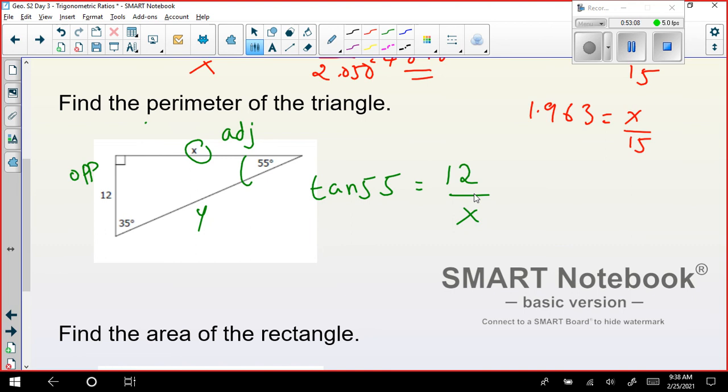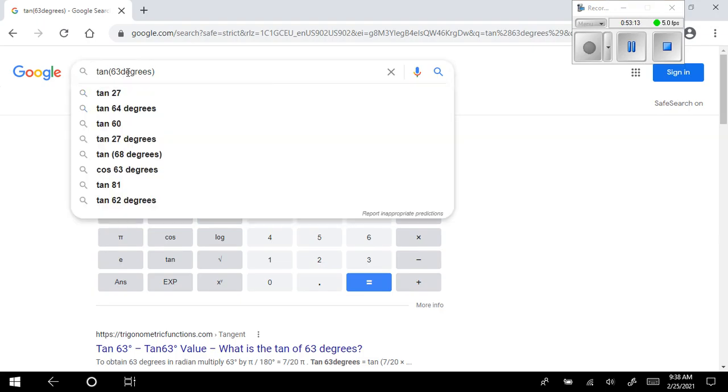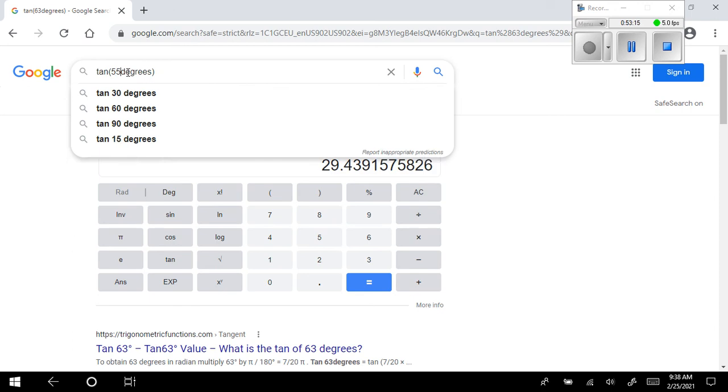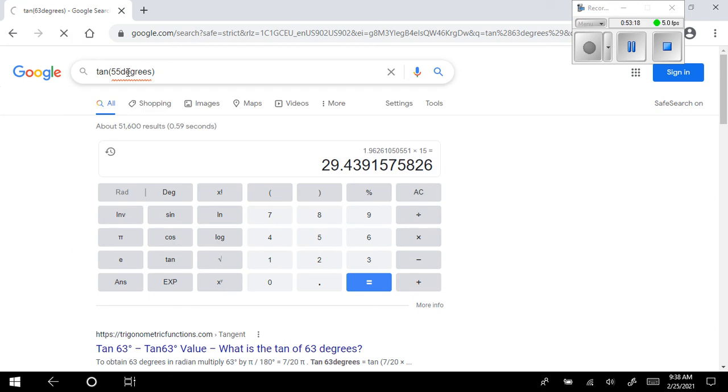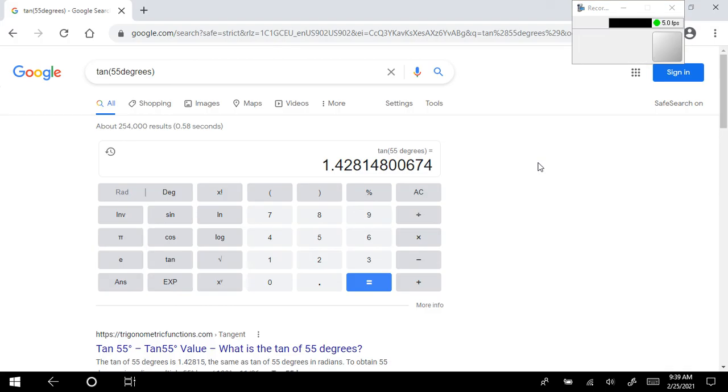Further, substitute tan 55 degrees in the calculator and that gives us tan 55 as 1.428. So I have 1.428 equals 12 over x.